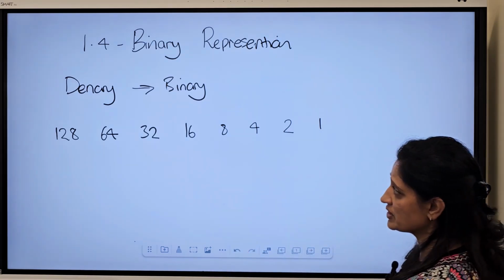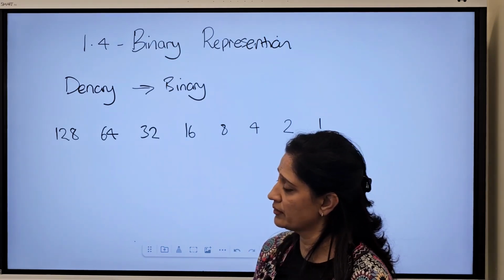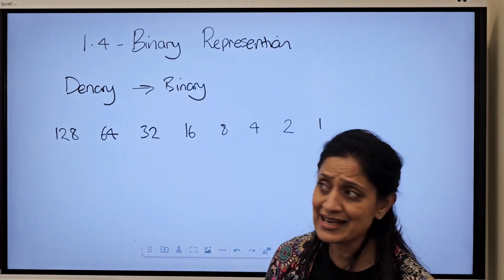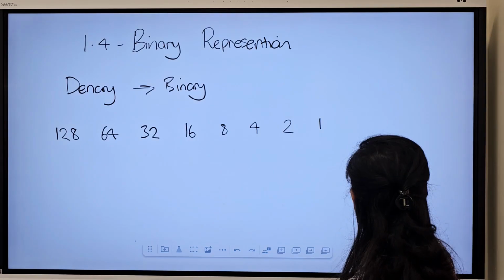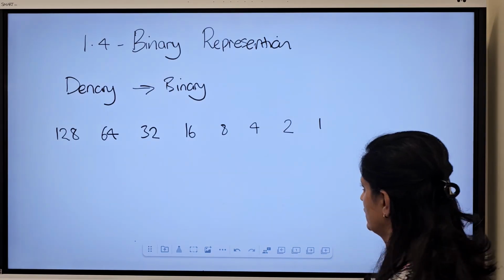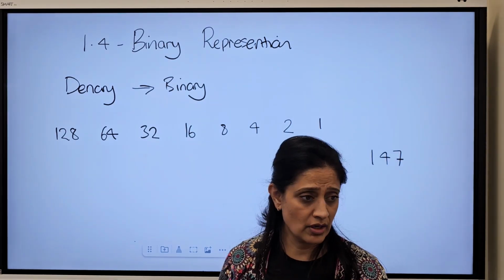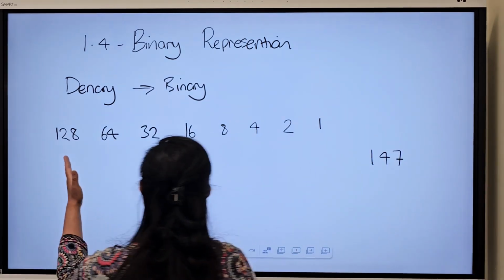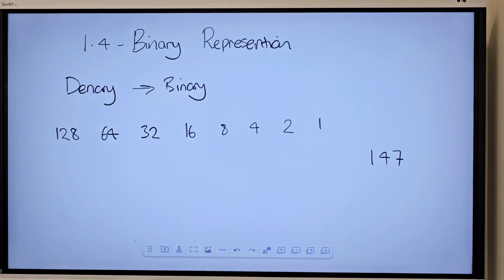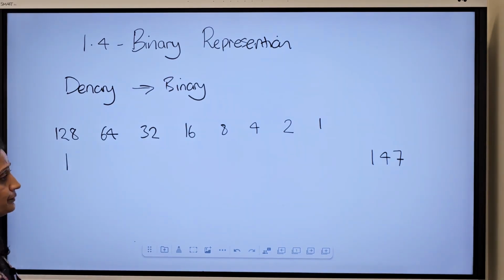Right, so we're going to go from denary to binary to start off with. So, let's say we are representing the number 147 into binary, or 8-bit binary. So 147, you start from the most significant bit, 128, which goes into 147, so we put a 1.